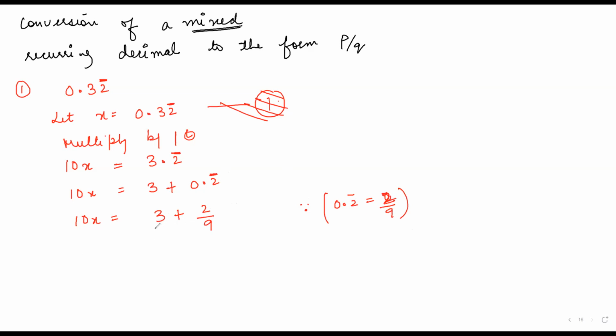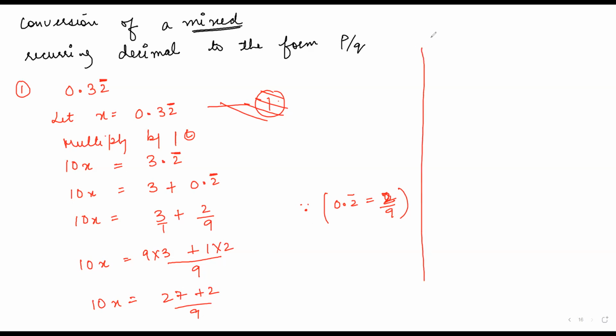So this will become, now take LCM here. So 9 is the LCM, clear? Now you have 1 in the denominator. So it will be 9 into 3 plus 1 into 2. So 10x will be 3 into 9 is 27 plus 2 divided by 9. Is anybody having problem with the LCM part? Please say yes. So 10x will be 29 divided by 9.